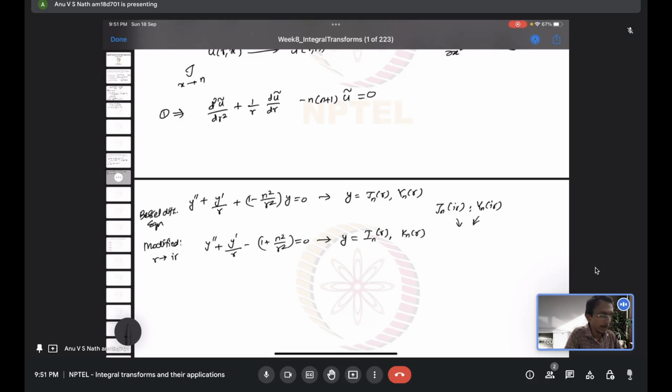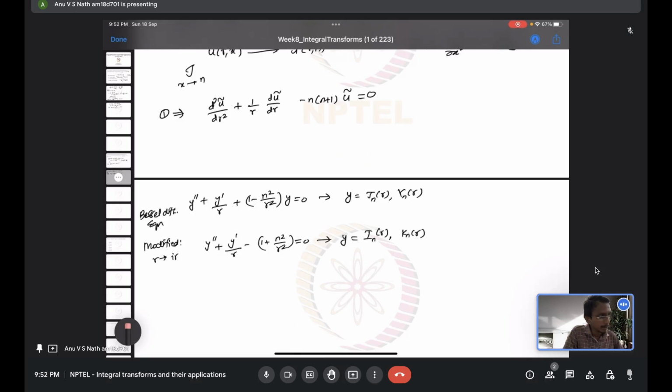They will be in a complex form, like f plus ig. We just need the real. When the input is real, we want the output also to be real, at least for positive real numbers. That's why we made new functions In and Kn, whose output will be real if the input is real, at least for positive real numbers.